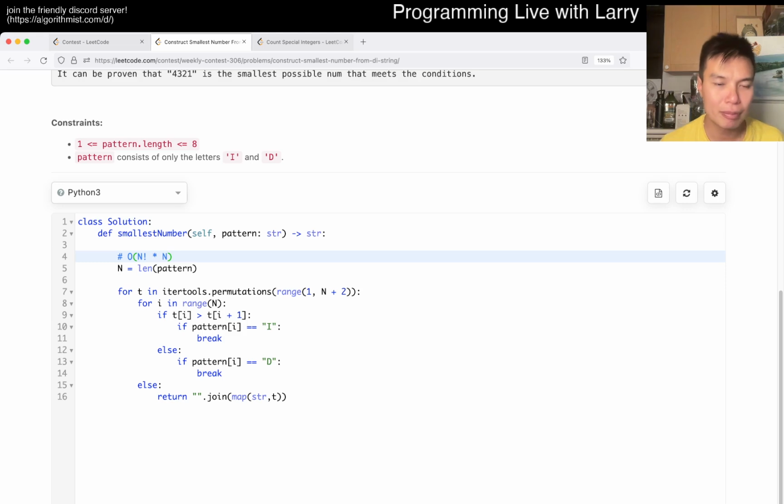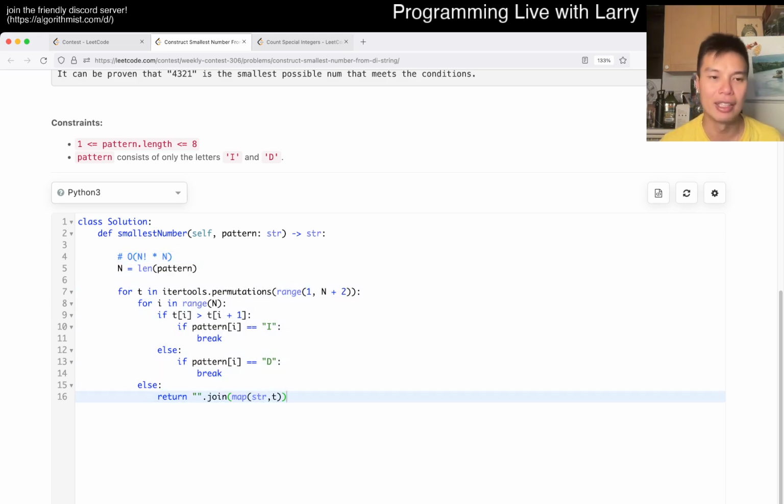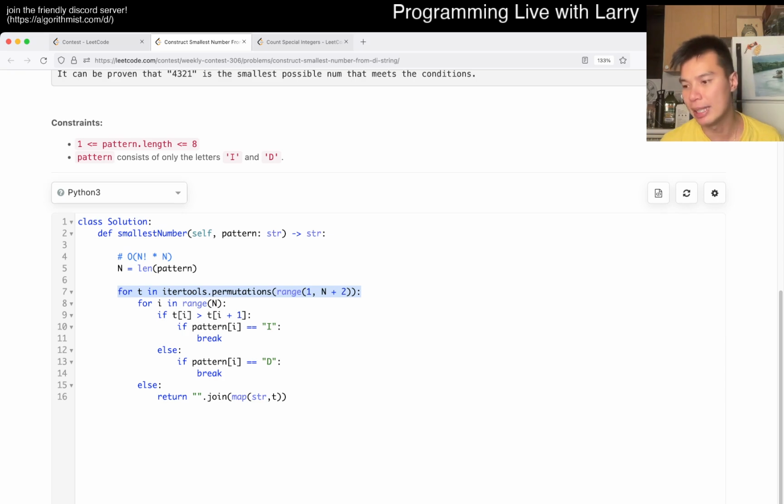But in constructing this, this is how you get the answer. It's just basically brute force every permutation, and then see if it fits, right? And this permutation thing ensures that we go from the smallest permutation up.